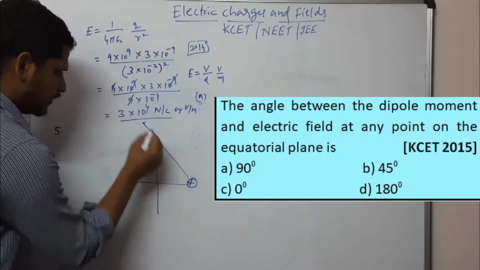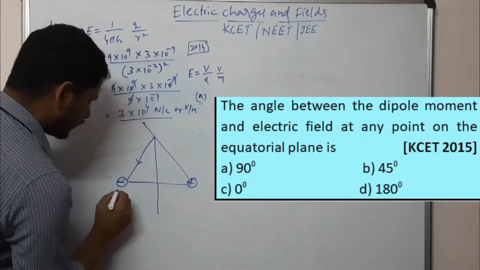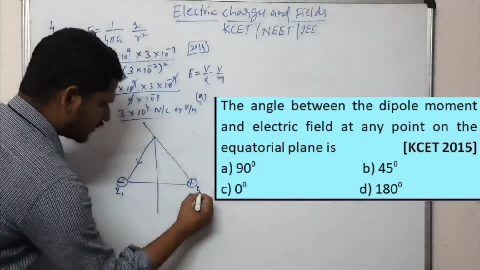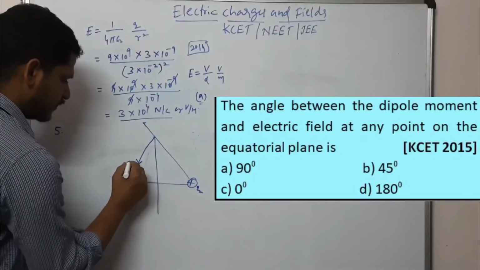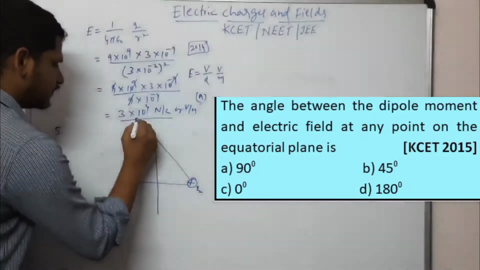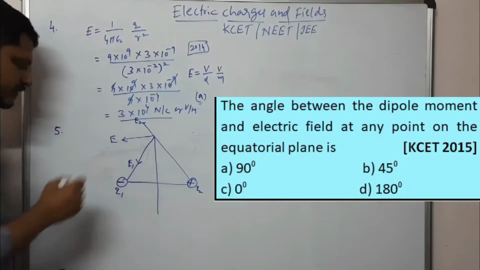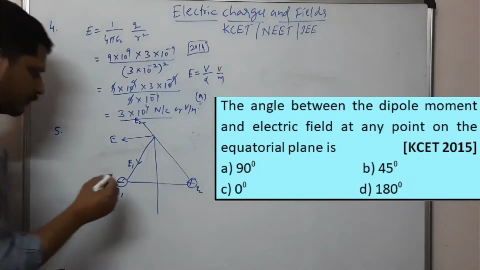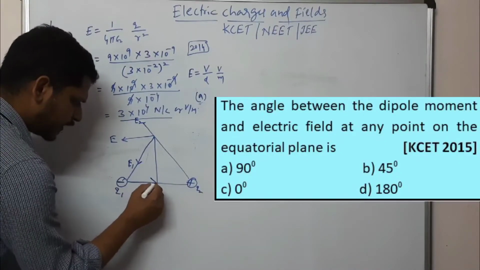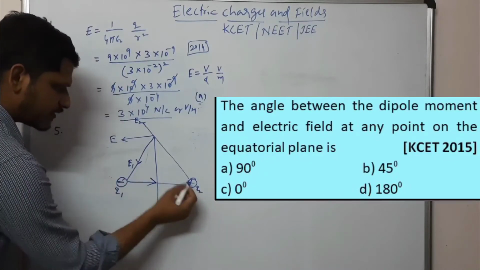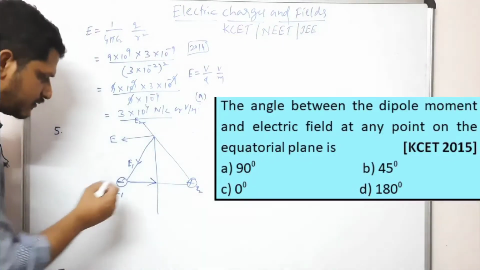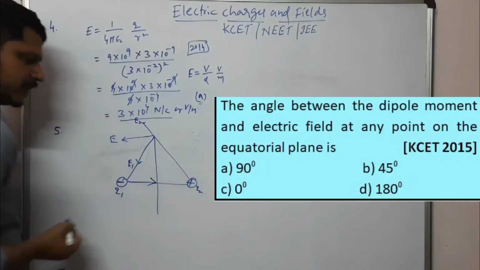Taking these as Q1 and Q2, we get E1 and E2, and the resultant electric field is in this direction. But the dipole moment is always taken from negative charge to positive charge, so this is the direction of dipole moment.